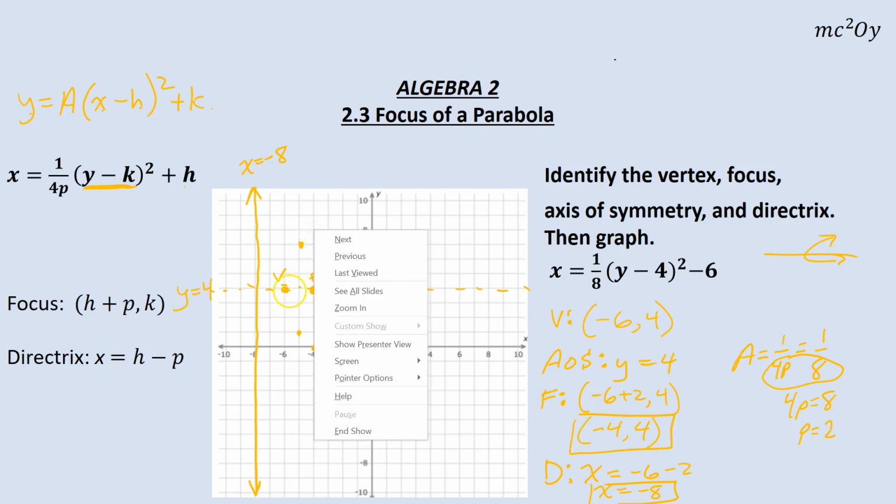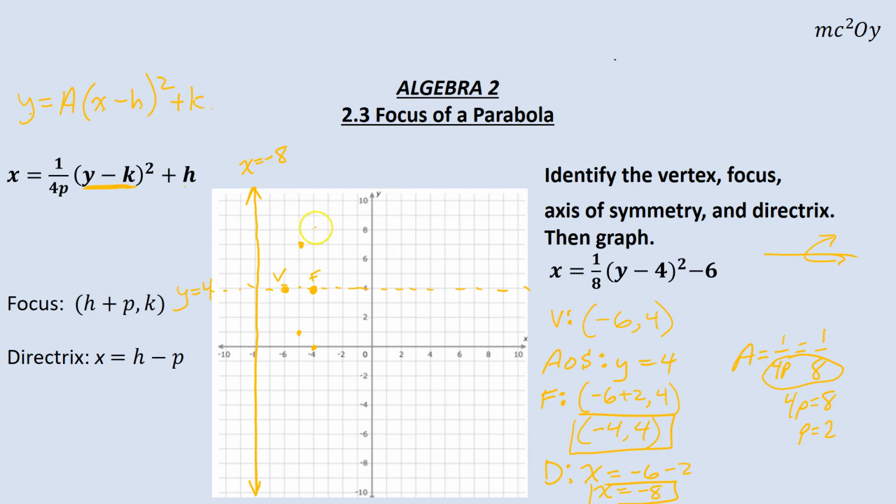So you've got to plug in a few values on this one. This one really flattens out pretty fast here. So you get a parabola that's really kind of flat. And it's 1/8, so it's not going up really fast there.